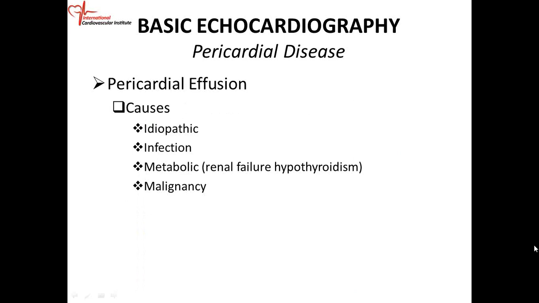Idiopathic: the patient has it, there's no viral infection, we just don't know. Infectious: the patient may have some type of lung infection, or they may have an endocarditis or something of the sort.